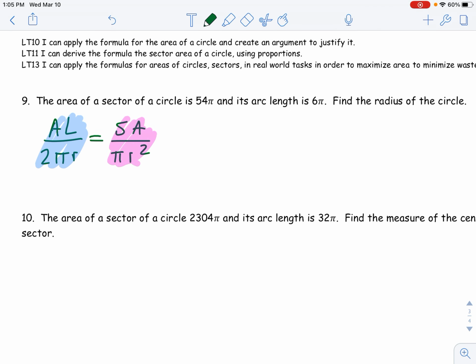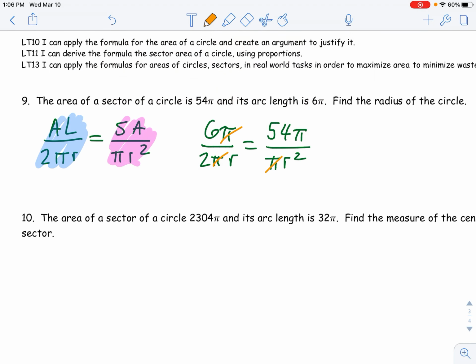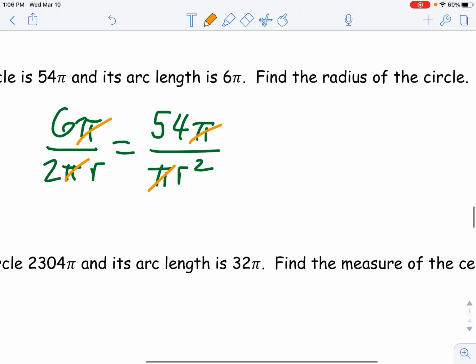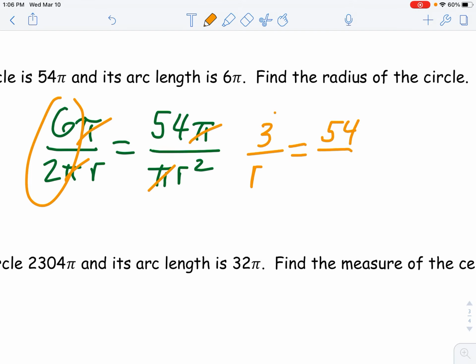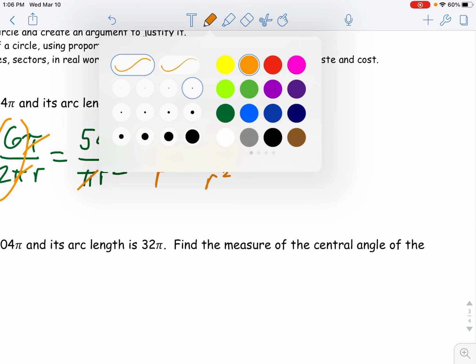All right. Arc length is 6 pi, it told me, over 2 pi r. Ooh, a lot of simplification is going to go on. Sector area is 54 pi over pi r squared. So, first off, the pi's cancel. 6 over 2 becomes 3. Leave the r. 54 over r squared.